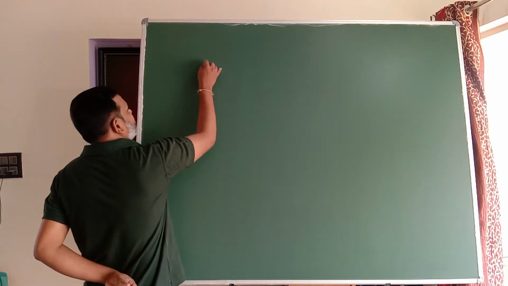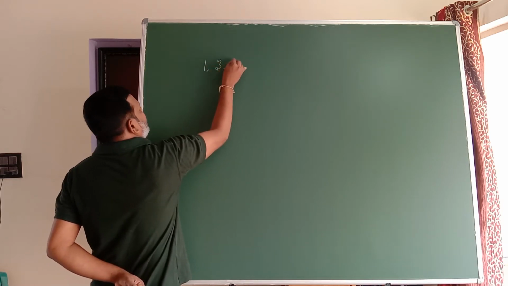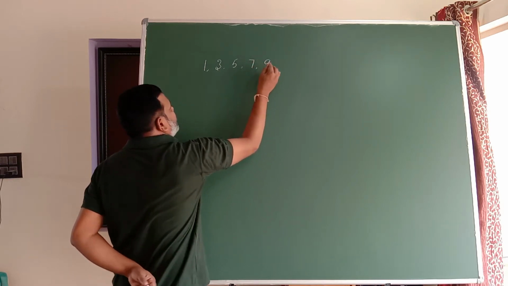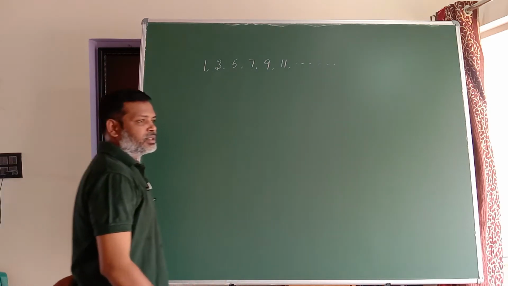I am considering a sequence 1, 3, 5, 7, 9, 11, and so on like this. This is a particular sequence.